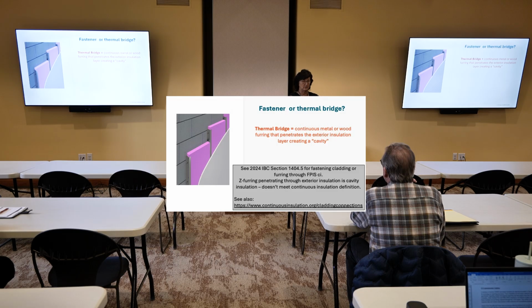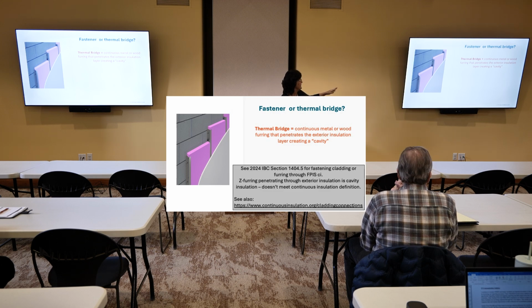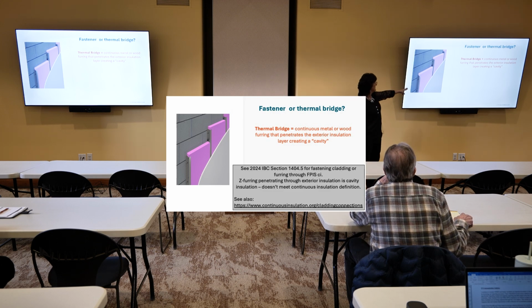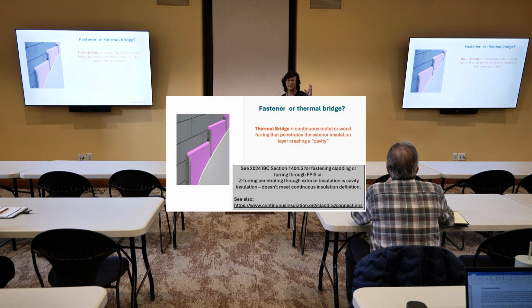I would just add those together. So if I had an R20 on the inside and an R5 on the outside, I would have an R25 versus an R20 plus 5, which is very different, right? We have to make sure this is not a fastener that allows it to still be called continuous. That breaks it up. That is a thermal bridge that now makes it cavity. Just want to make sure that we're clear on that.